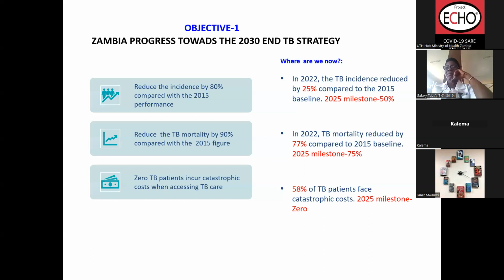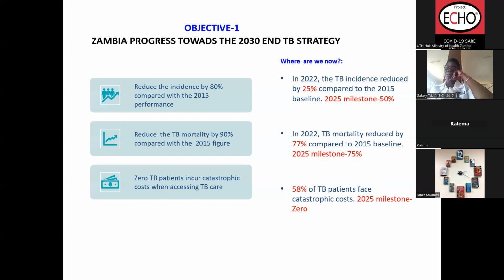And for catastrophic cost, for those who might be joining and wondering what this is, it's a cost that someone incurs as they develop TB. It can be related to the family and push them into poverty. And when you come back to the definition of the risk groups for TB, it's actually the poor. If they are already poor, it pushes them further into poverty. I translate that as pushing them into death. So no family should suffer any catastrophic cost.